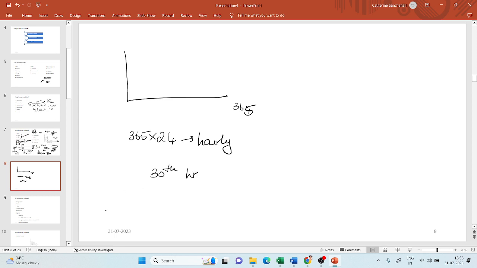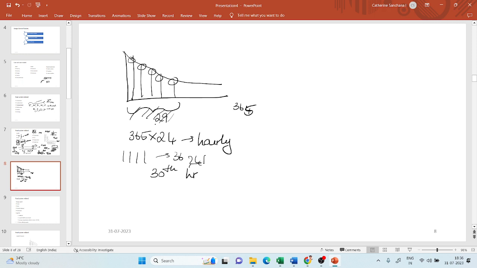How do I take this 30th hour? First, I will find out all the hourly volumes for 365 days, 24 hours a day, and I will arrange them in descending order. I will arrange it like this, and it will follow some trend. Now I will leave the first 29 hours, the traffic corresponding to the first 29 hours, when I arrange it in descending order. I will ignore this.